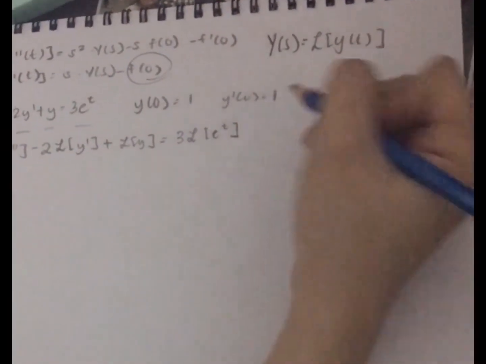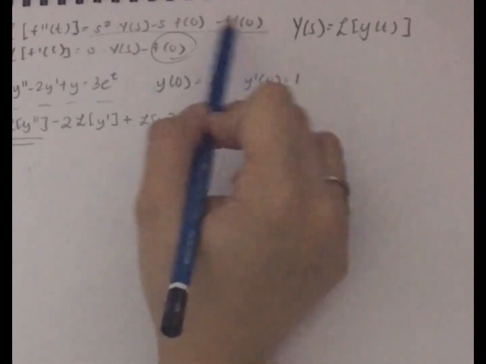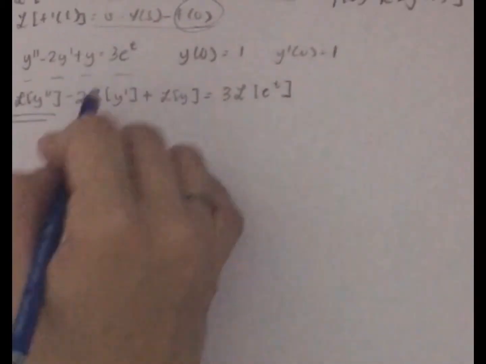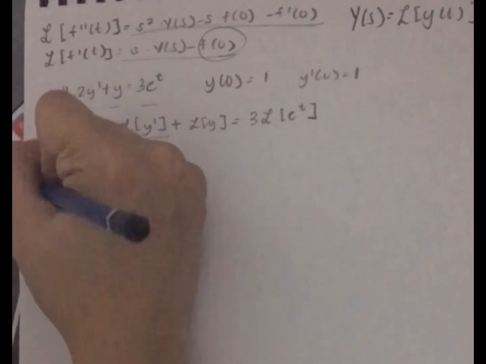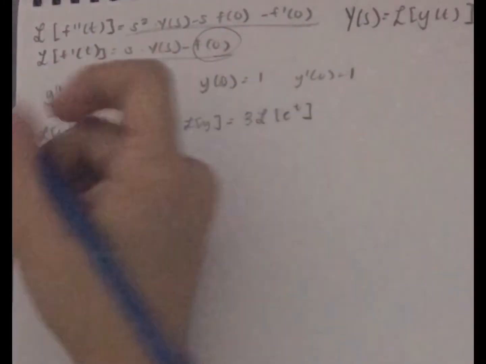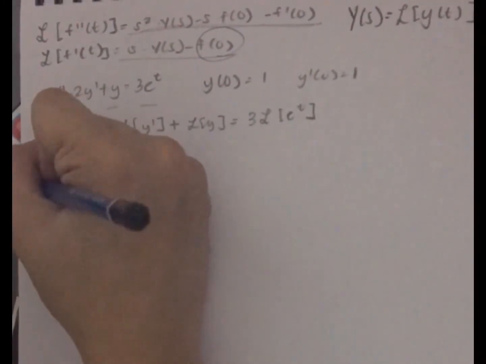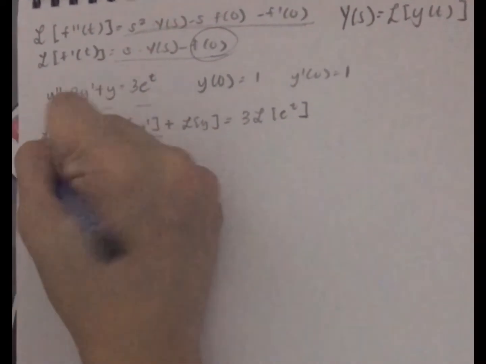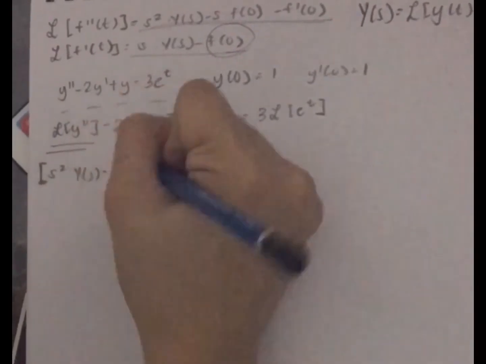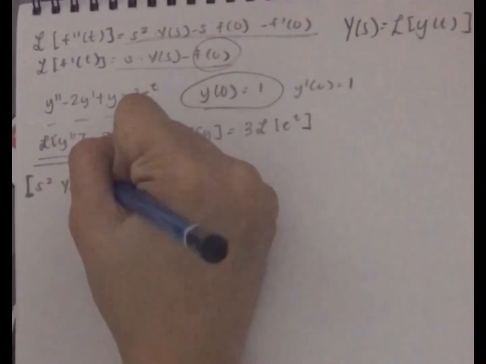Okay, now let's just substitute this value to this one, this value to this one, and this one to this. We will put brackets now to prevent a messy and disturbing equation. So we have s squared times y of s minus s times f of 0. F of 0 is this one, we have 1 times 1.